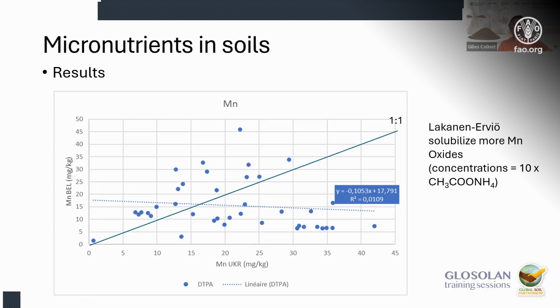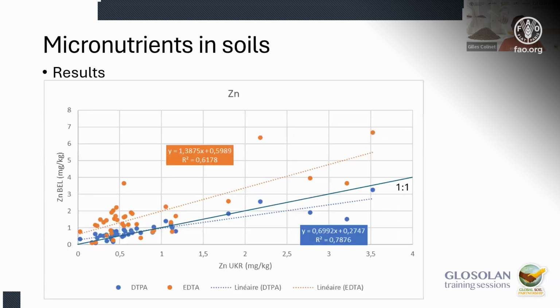Here is the same graph but without the EDTA, we just focus on the relationship between DTPA and Ukrainian methods, and you see that clearly there are some points which have no relationship with each other, so they are barely comparable.